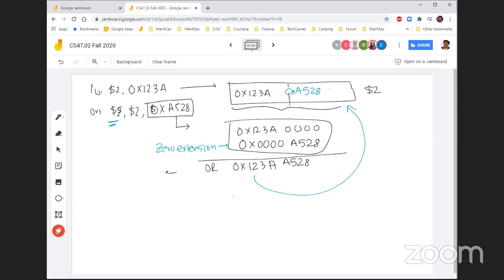Other questions? Yes, Professor. In what cases would you use the saved registers over the temporary registers? At some point, let's say you are writing a complex program and you want to save your information. You don't want it overridden by a function call, for that purpose.